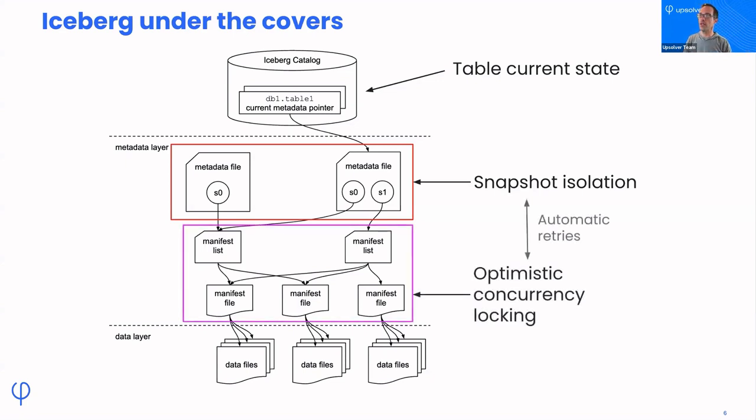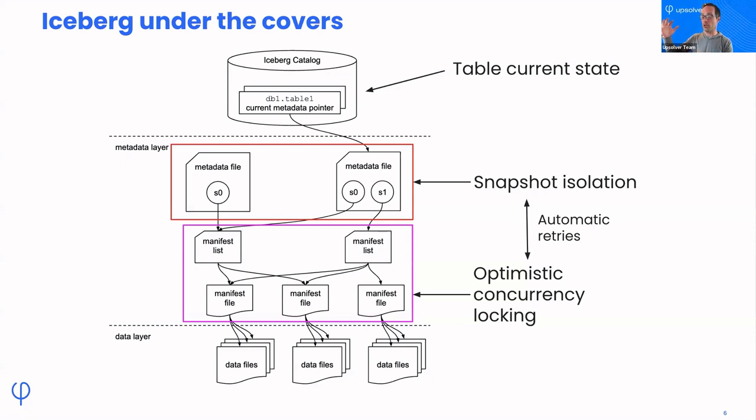The next one is optimistic concurrency locking. Now that we have these manifest files, the Iceberg layer or the engine that's using Iceberg can say, okay, I'm going to take the current snapshot of my data and work on this. I'm going to make changes, add files, remove files, whatever. Now I'm updating a copy of my manifest list and my manifest files and my physical files.